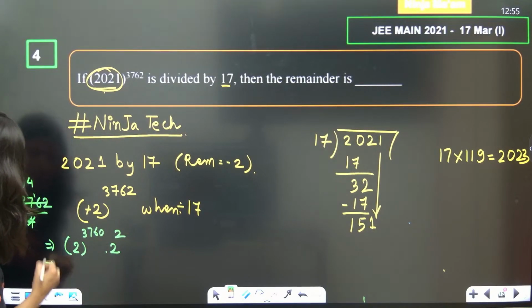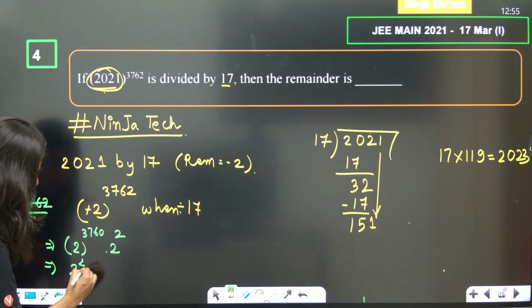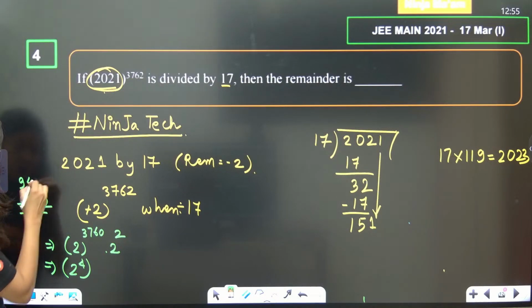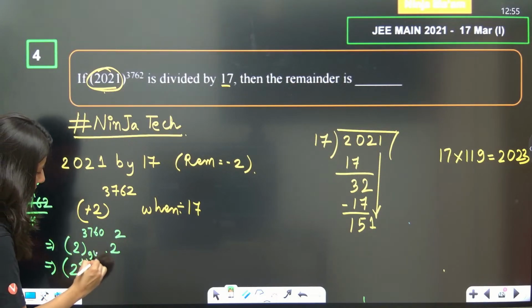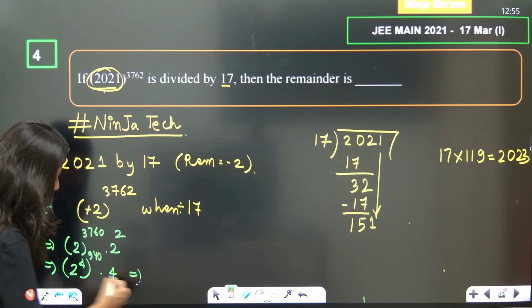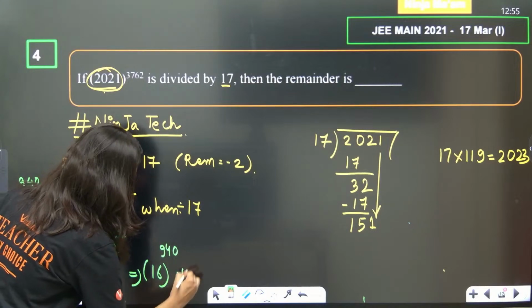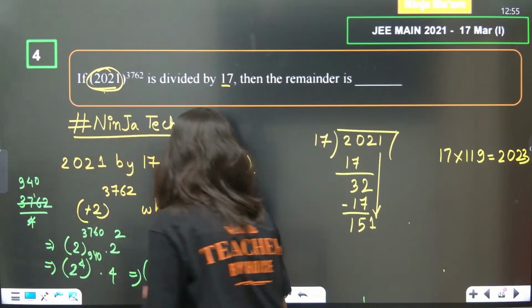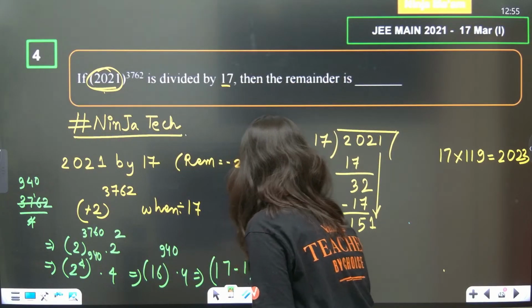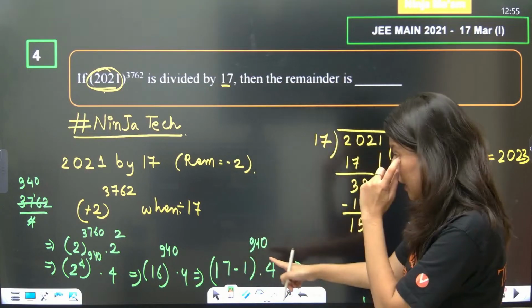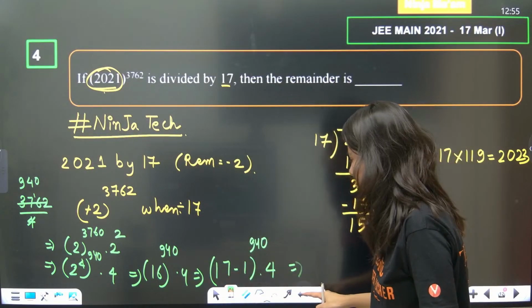Now, what you can do is, you can write 2 power 4 and 2 power 4, this is 940, and this is 4. So, now this is 16. 16 power 940 into 4 is equal to what? This is 17 minus 1 power 940 into 4. Okay, so what is the remainder? So if, hold on.